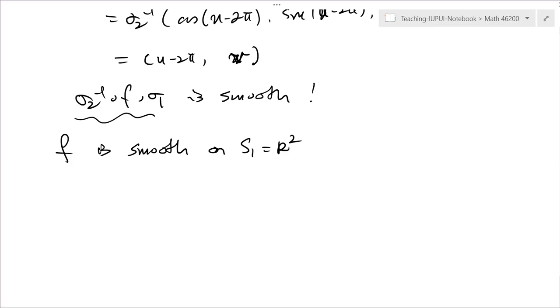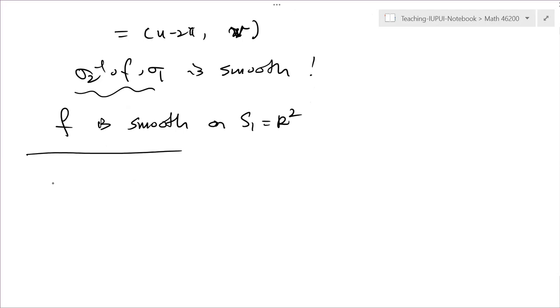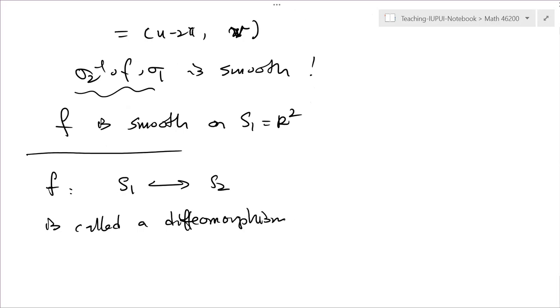Let me talk about the diffeomorphism. Okay, so if F is from S1 to S2, this is called a diffeomorphism if it is a homeomorphism.